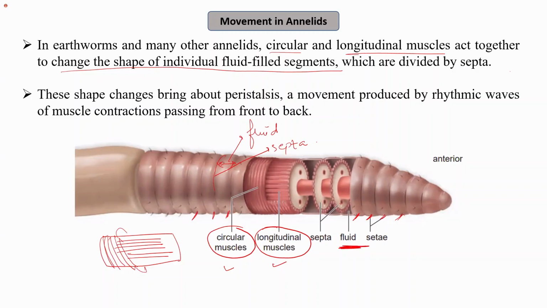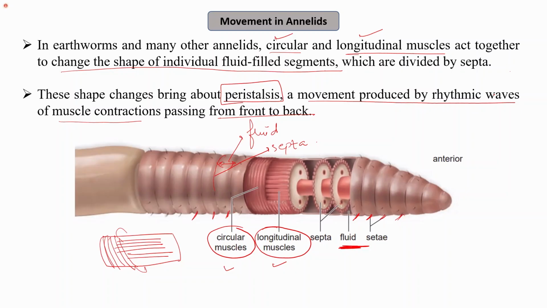Individual fluid-filled segments help in the movement as the circular and longitudinal muscles act together to change their shape. Then these shape changes bring about the movement which is known as peristaltic movement. What is peristaltic movement? It is a movement produced by rhythmic waves of muscle contraction passing from front to back, just like when food passes through our esophagus with the help of peristaltic movement.